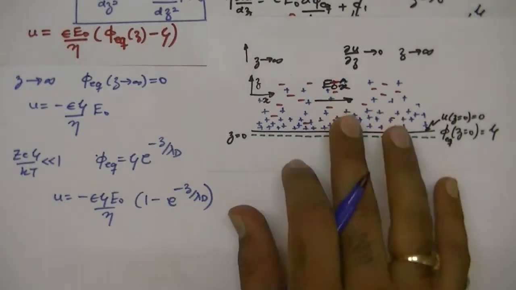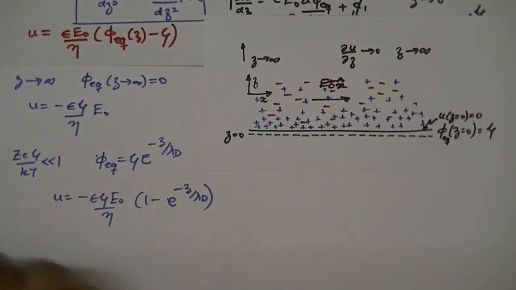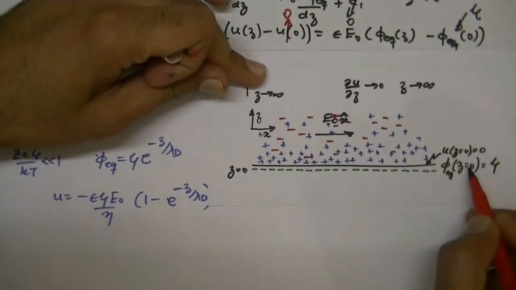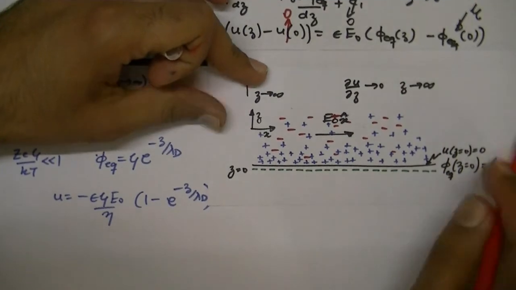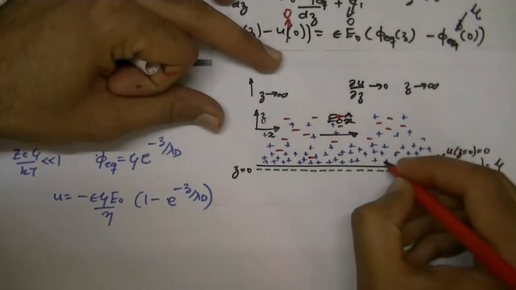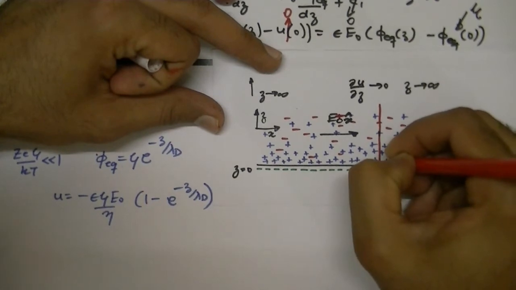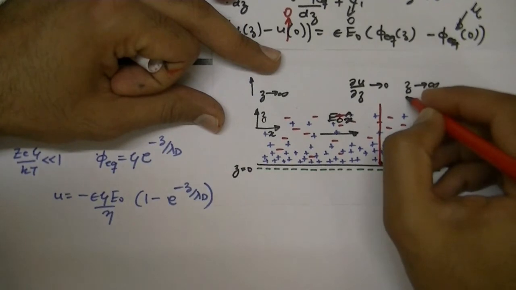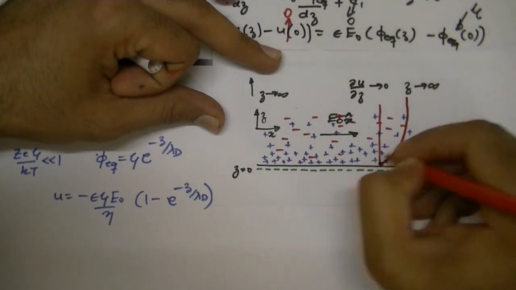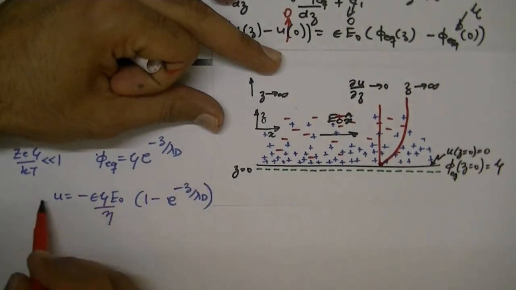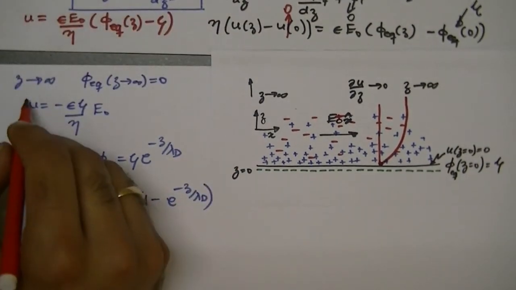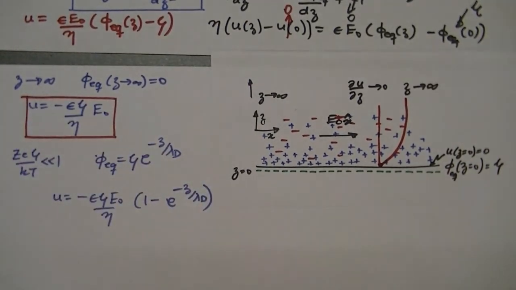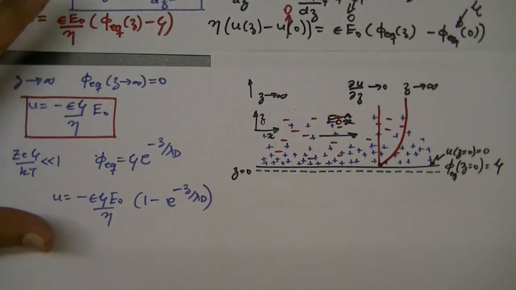So if we try to plot this solution on the same plot, at z equals 0 we have the no-slip boundary condition, and as you move further from the surface the flow velocity approaches the magnitude of minus epsilon zeta over eta times E naught.